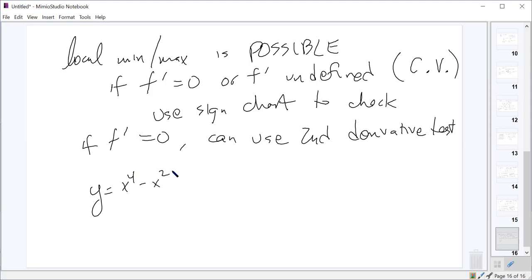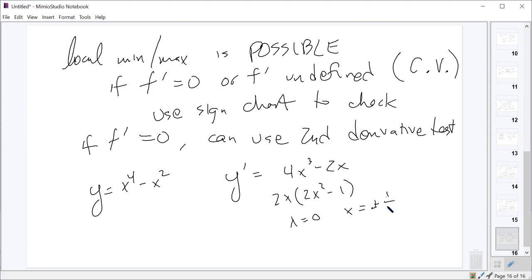If we take the derivative of this, we get y prime equals 4x cubed minus 2x. This has 3 places where it might have a local max or a local min. We're going to take a 2x out of this, giving us 2x squared minus 1, giving us x equals 0 and x equals positive or negative square root of a half.